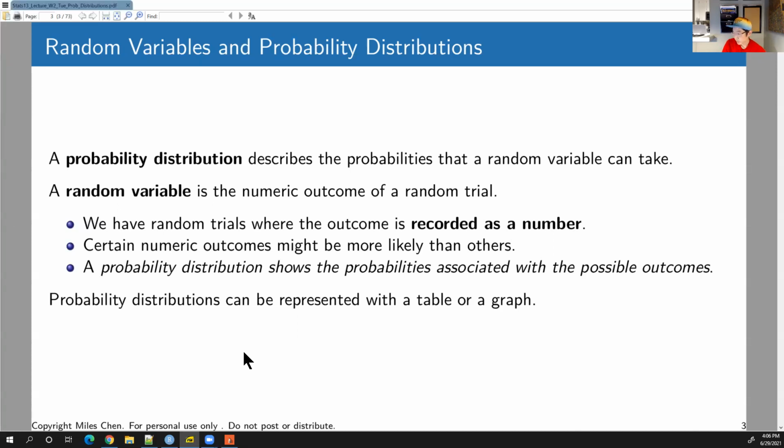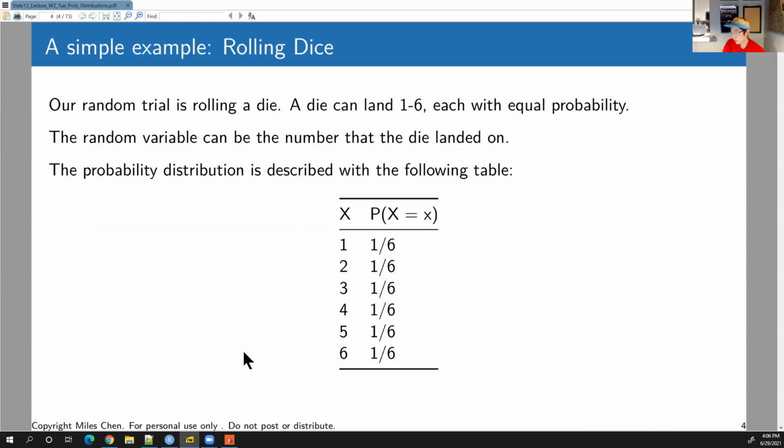Okay, going back to random variables and probability distributions, one example is: what is the probability distribution associated with rolling a die? If I roll a die, it can land on any one of its 6 sides with equal probability.